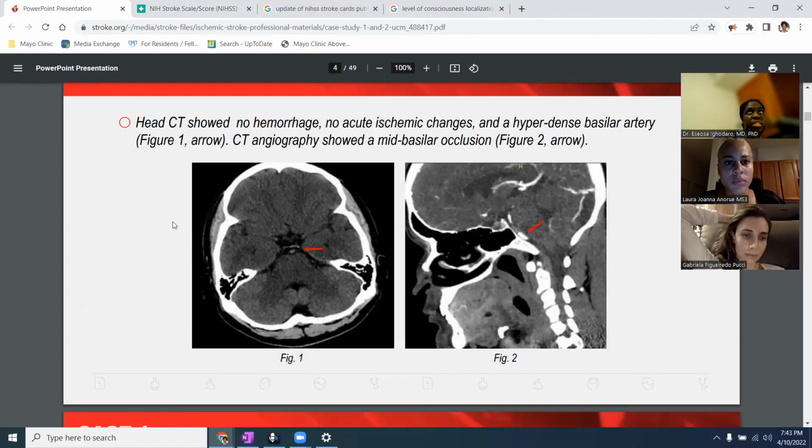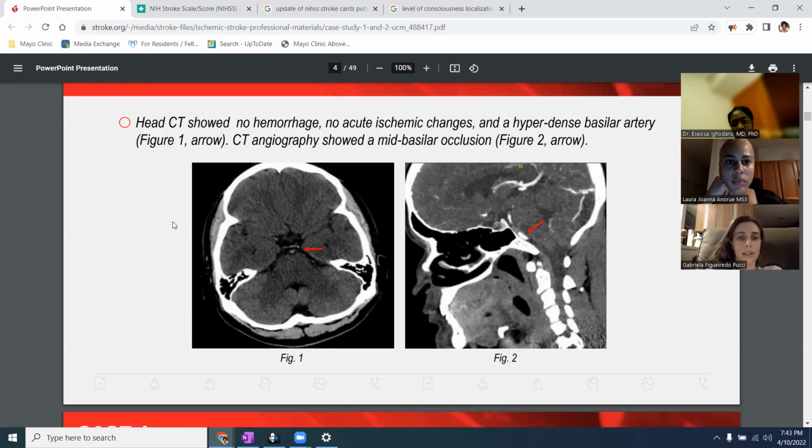So arterial dissection, in this case it would be vertebral, but if we didn't know how to localize it before, we had to think about carotid dissection. I think it's more common than vertebral dissection or basilar dissection.